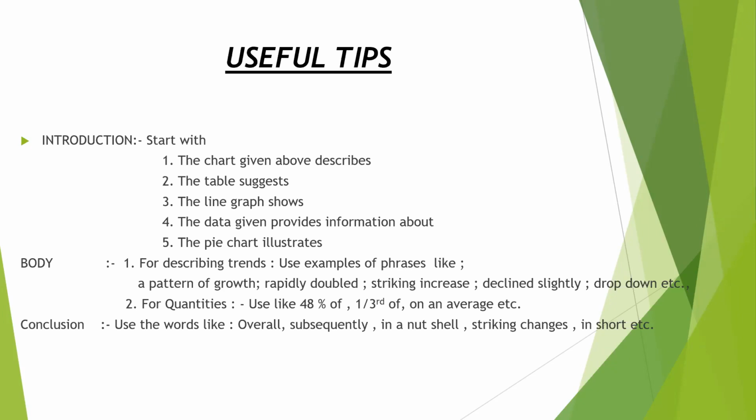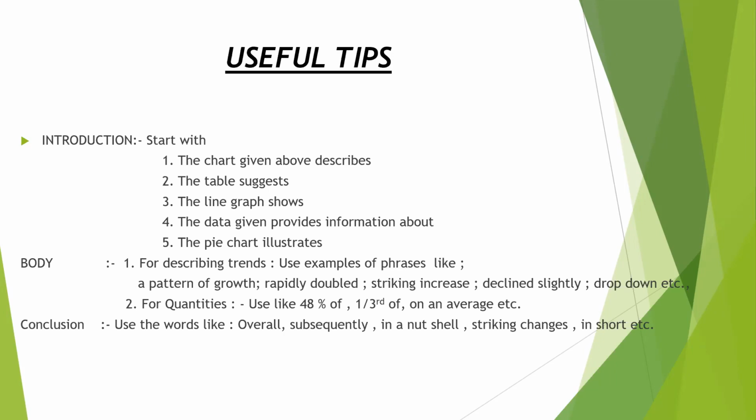When it comes to the body, for describing trends, use phrases like a pattern of growth, rapidly doubled, the striking increase, declined slightly, drop down. Such words can be used for describing trends. For quantities, you can use 48% of, 1/3 of, on an average.